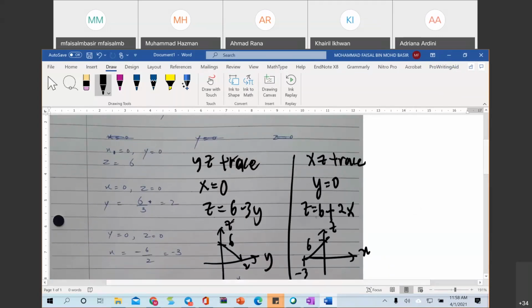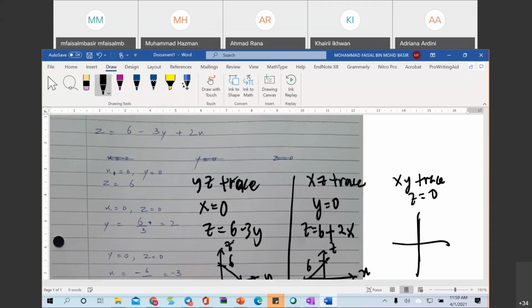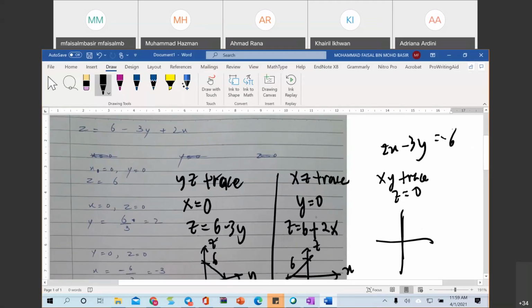Then what else? The xy trace will be z0. I know there is a shortcut way, but please do it one by one. 0 equals 6 minus 3y plus 2x, so 2x minus 3y equals -6. When x is 0, y is 2.